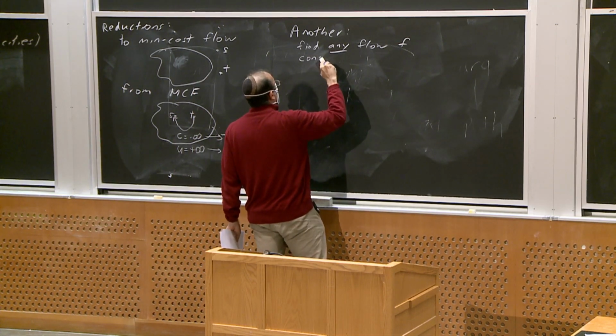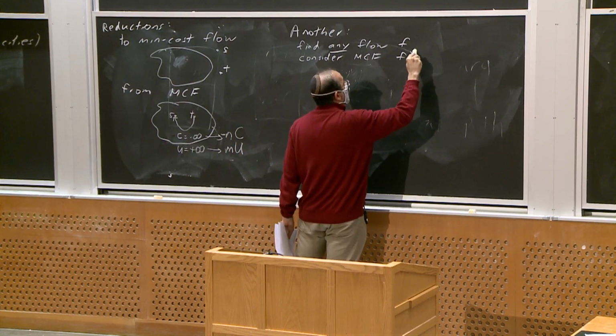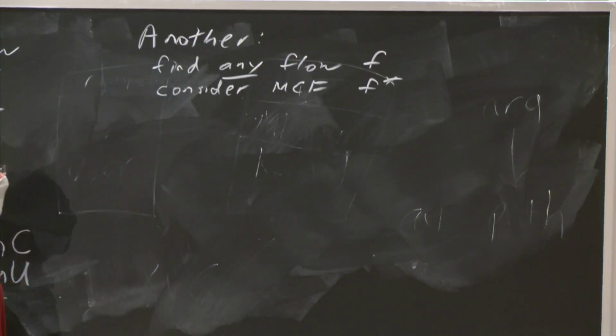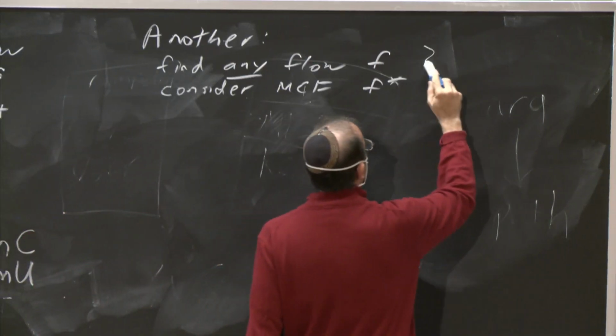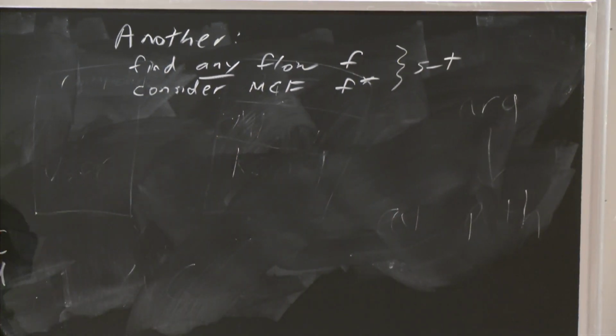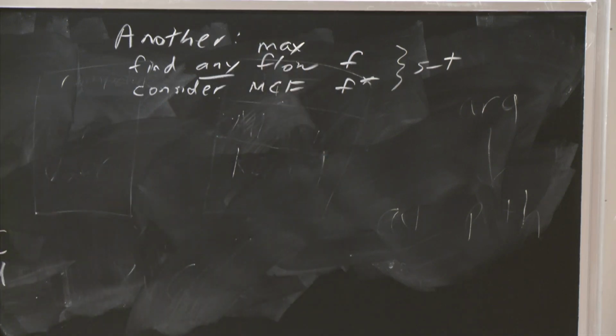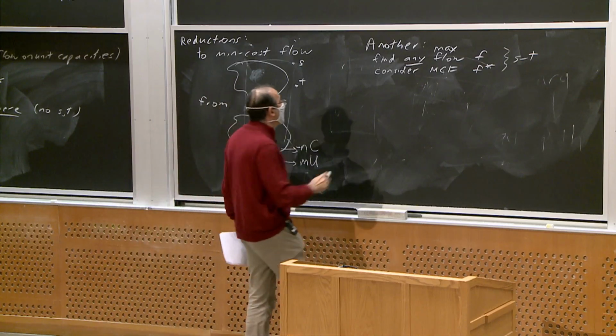Let's consider the actual min-cost flow, F star. And these are both from S to T. Yes. Sorry, any max flow. Okay.